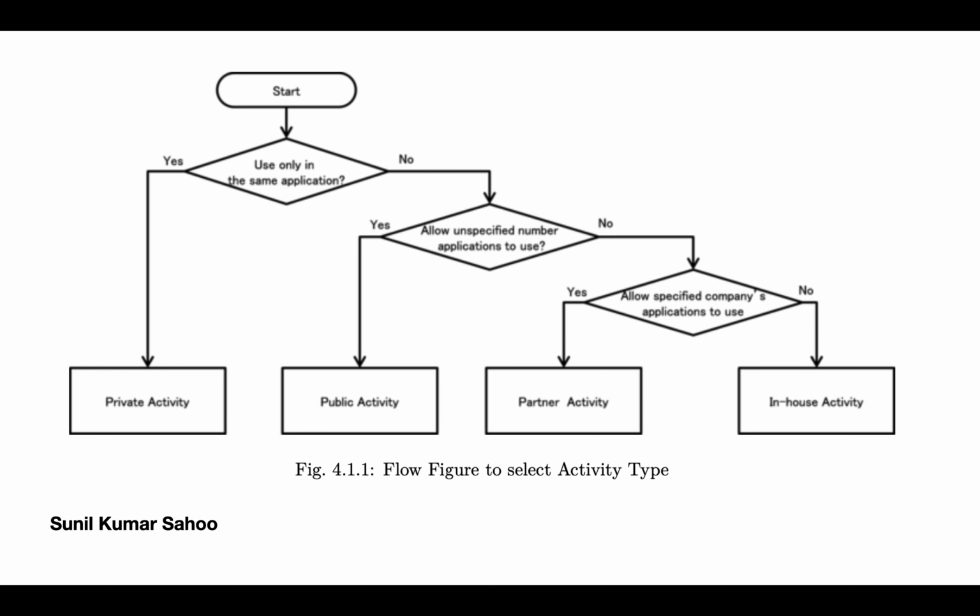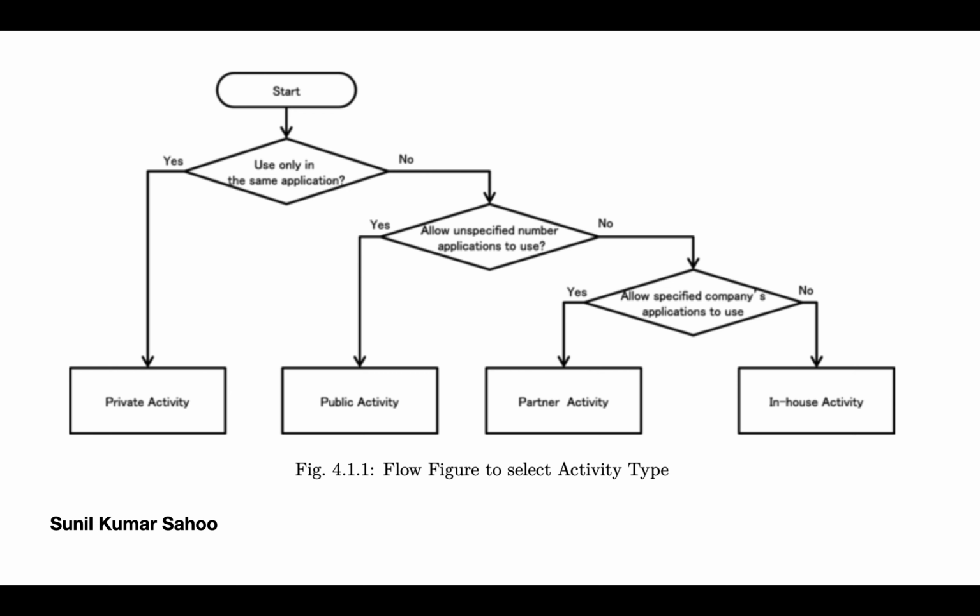If yes, it is public activity. If no, then whether our activity will be used only by the applications of a specific company. If yes, then it's partner activity, otherwise it's in-house activity.